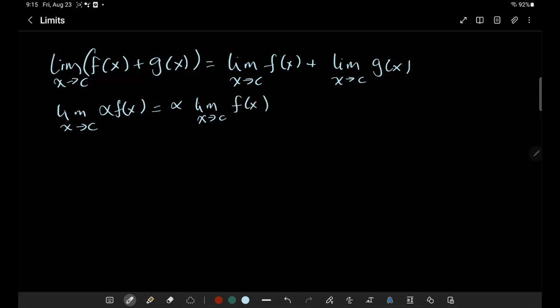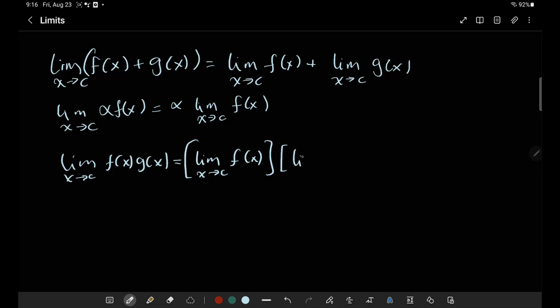Now you have products. Products work well with limits as well. So the limit of the product is the product of the limits. So the limit as x goes to c of f of x times g of x is equal to the limit as x goes to c of f of x times the limit as x goes to c of g of x.